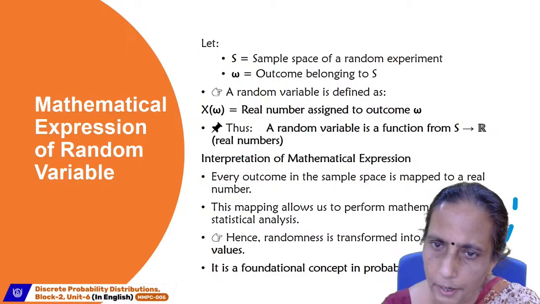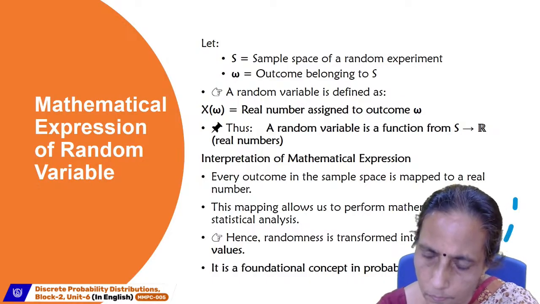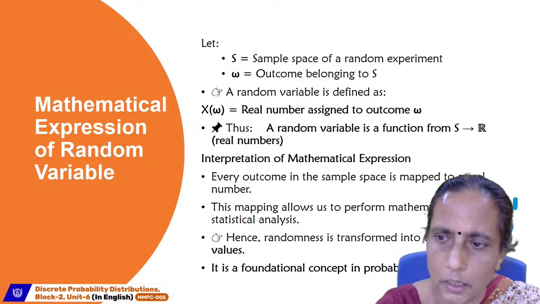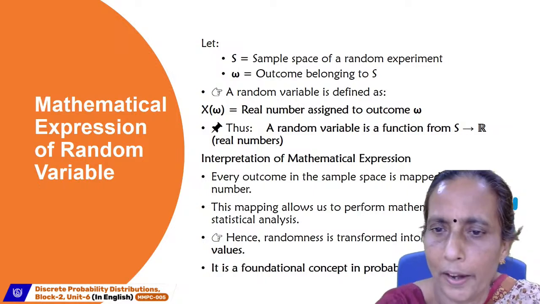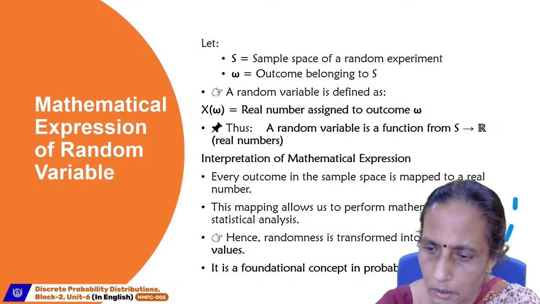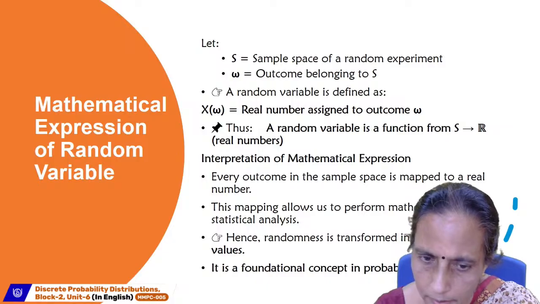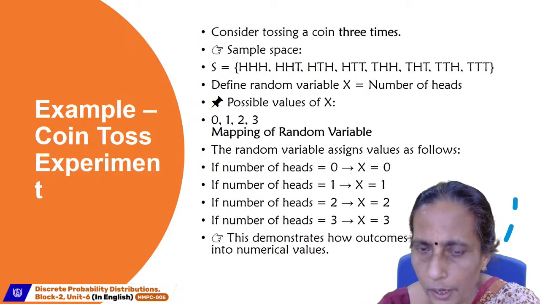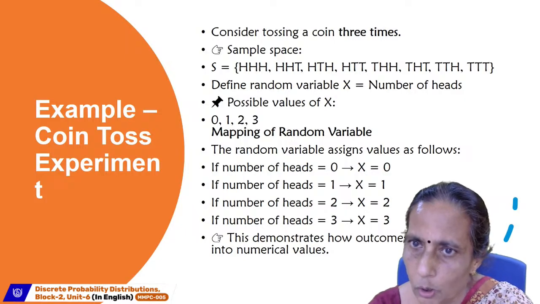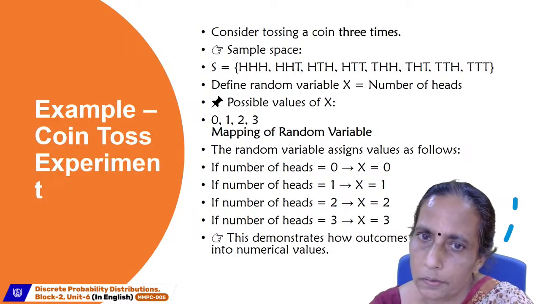Okay, the random variable is a function. It has a domain of sample space and a range of the set of real numbers, and there is always a mapping between S and R. Suppose, say, consider tossing a coin 3 times.